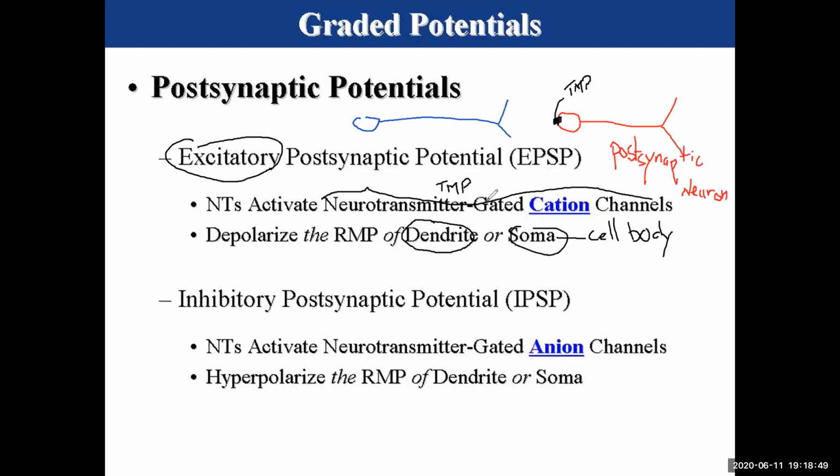And they're activated by neurotransmitters that are released by the presynaptic neuron. So the neurotransmitters are coming and they bind to these TMP. And what happens is these cation channels, when they open, allow ions to flux through them to depolarize the resting membrane potential, to change the membrane potential.